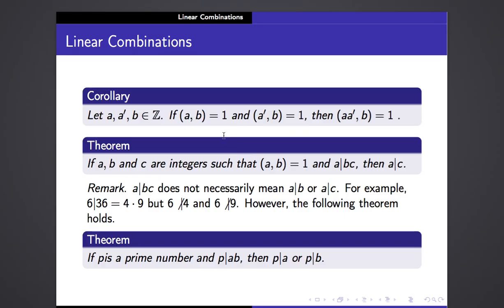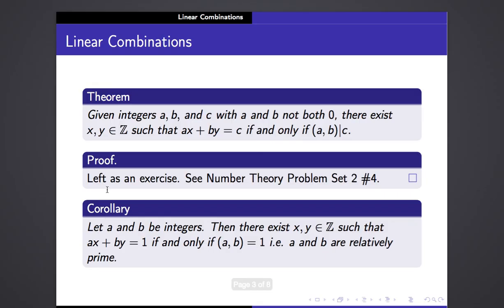Before we prove this corollary, there's one thing I would like to mention. Every time you see a statement involving two relatively prime integers, not always of course, but likely that statement can be proven using this corollary.